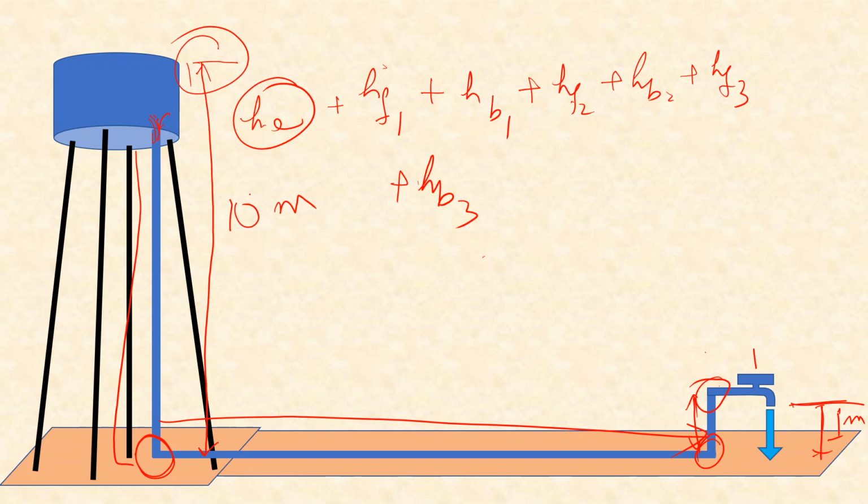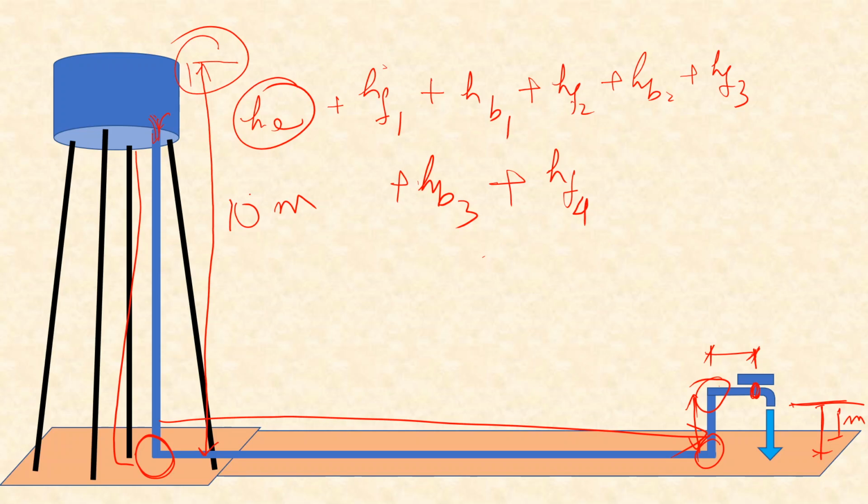Now this length we are going to consider up to the tap. That means the point where the tap actually can block the water. So up to that length we are going to consider the fourth pipe segment, and the head loss due to that will be HF4, suppose.